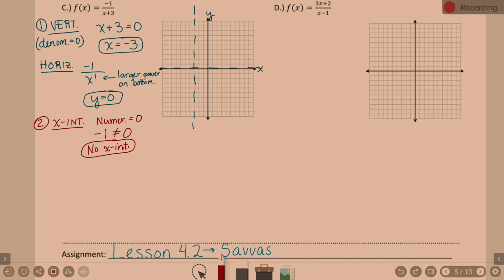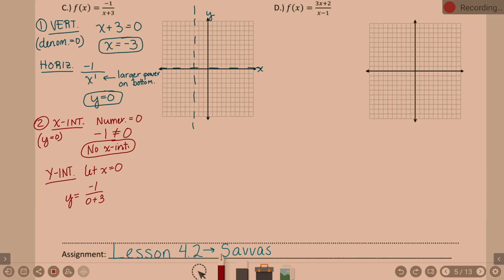Now, we've got to cross the y-axis somewhere. So let's find our y-intercept. X-intercepts happen when y equals 0. Y-intercepts happen when x equals 0. So y equals negative 1 over 0 plus 3. The only fraction in this problem.